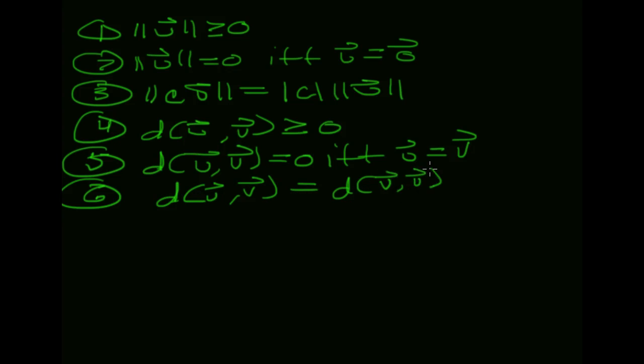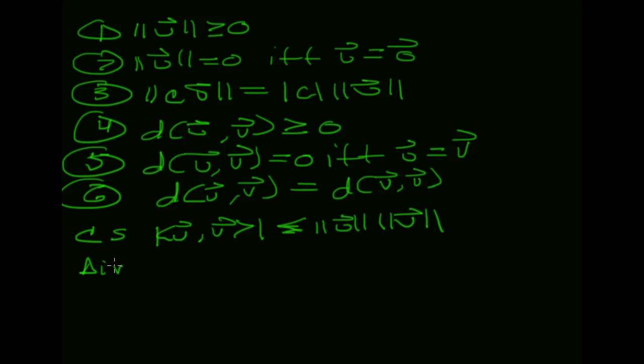Now, ironically, we also get Cauchy-Schwarz here. The absolute value of the inner product of u and v is less than or equal to the norm of u times the norm of v. We get the triangle inequality: the norm of u plus v has to be less than or equal to the norm of u plus the norm of v.